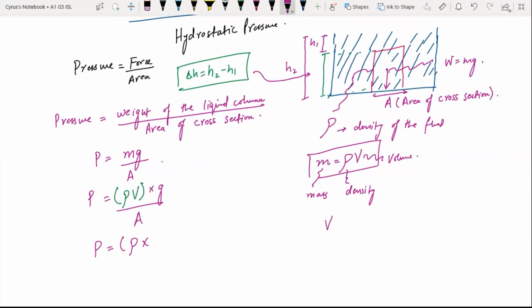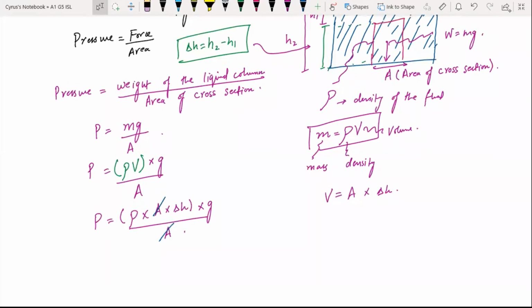So the volume is given by cross-sectional area into delta H. And I can put this expression here. This is area into delta H into G over A. We cancel this A with this A, and we find the change in pressure, delta P as rho G delta H, where delta P is the change in hydrostatic pressure.